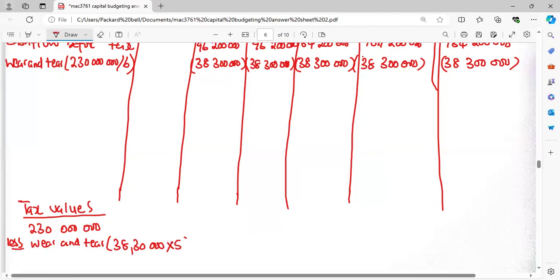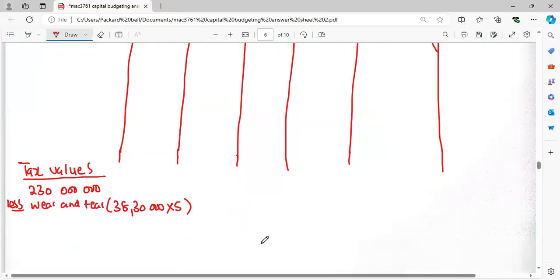How much are we going to have there? 191,500,000. So this is the wear and tear.